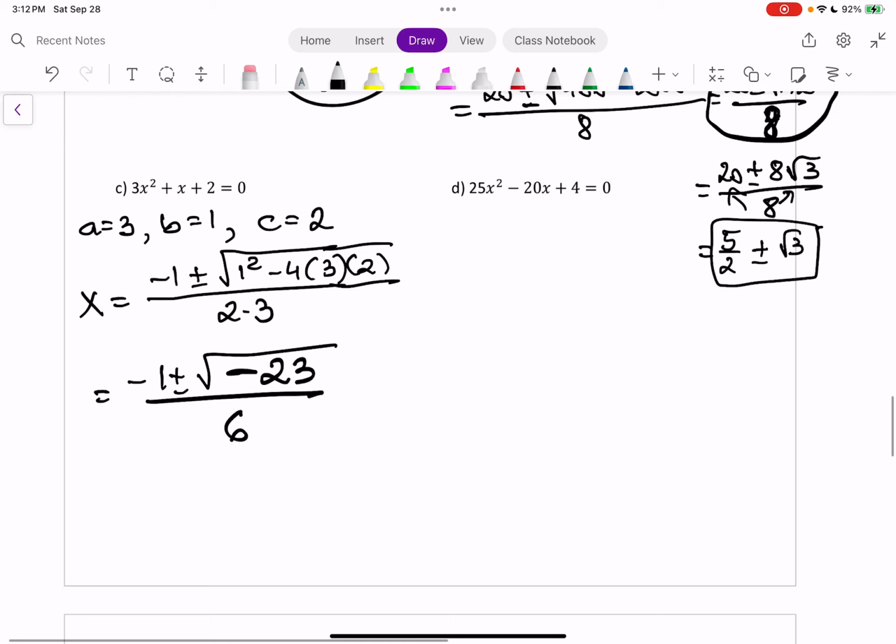And so this is why we talked about what happens when you have negative numbers inside a square root, and the fact that, yes, the answer is not real. If you put it in your calculator, it's going to say not real. However, it's an imaginary number.